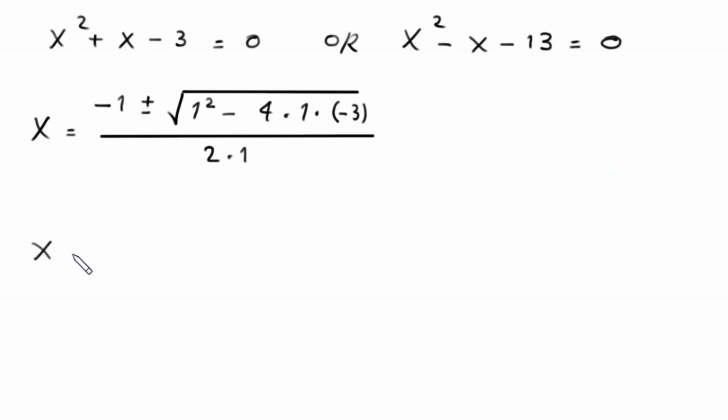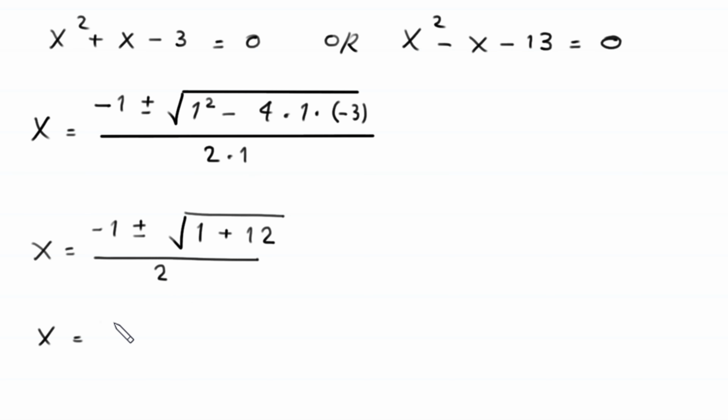Next, x is equal to negative 1 plus or minus square root of, this 1 squared is 1, and negative 4 times 1 times negative 3 will become plus 12, divided by 2 times 1, 2, and x is equal to negative 1 plus or minus 1 plus 12 will become root 13, divided by 2.